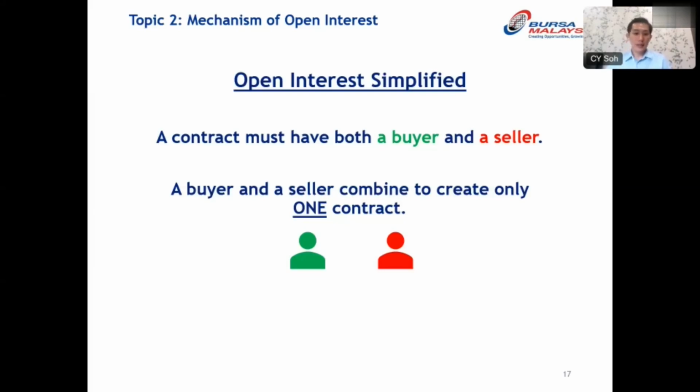Of course, in futures, a contract must have both a buyer and a seller. Which is why two market participants, a buyer and a seller, combined together, only create one contract, okay? One contract is actually a pair of buyer and seller. So at the end of the trading day, the open interest can either increase or decrease in the number of contracts for that day.